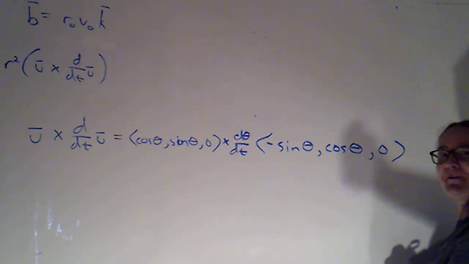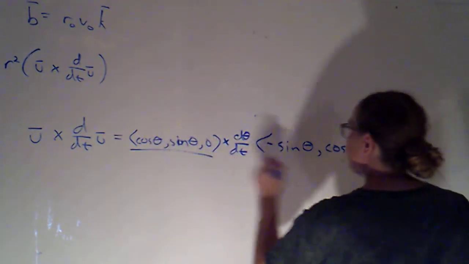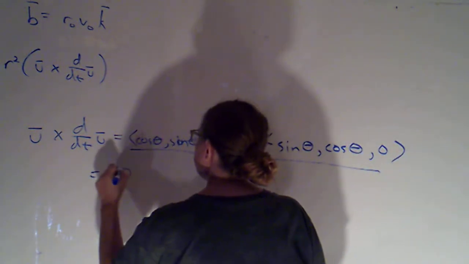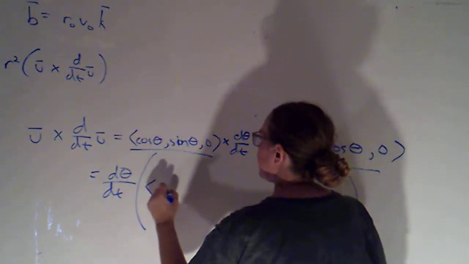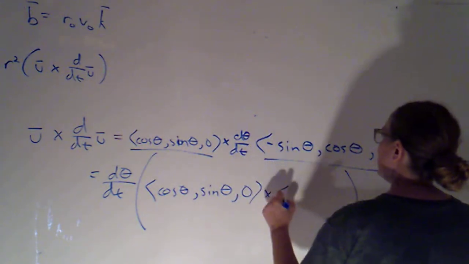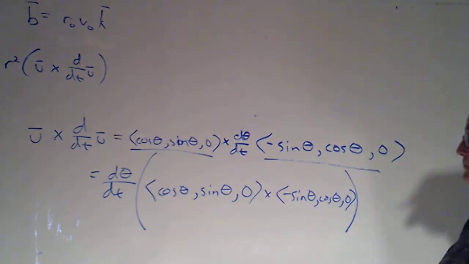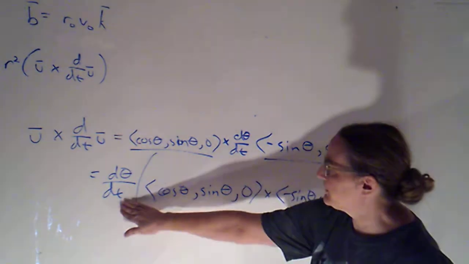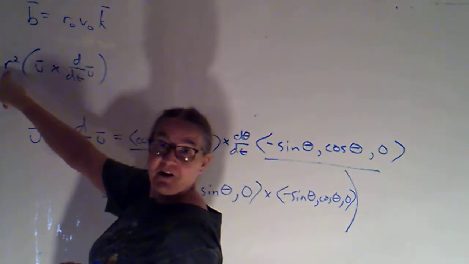I'm going to use that property again, that I can take scalar multiples and I can just do the cross product of this vector and then multiply by that scalar. So that's going to be d theta by dt, and I'm going to then cross cosine theta, sine theta, 0 with negative sine theta, cosine theta, 0. So let's work out this cross product, and then we'll multiply it by this. That will give us this cross product, which will then multiply by r squared.